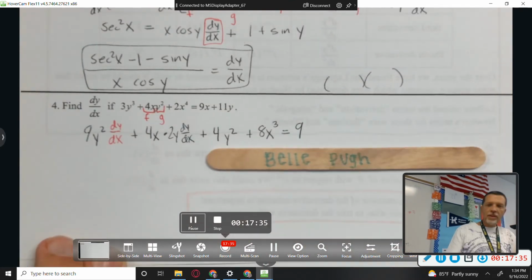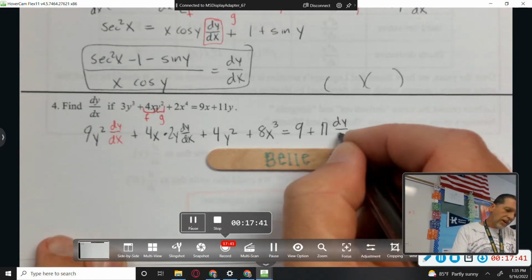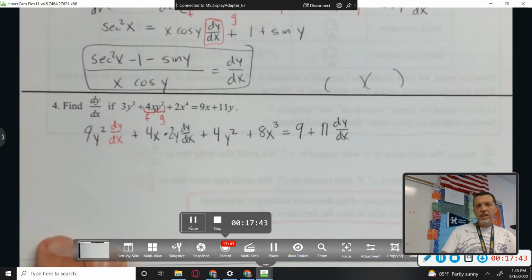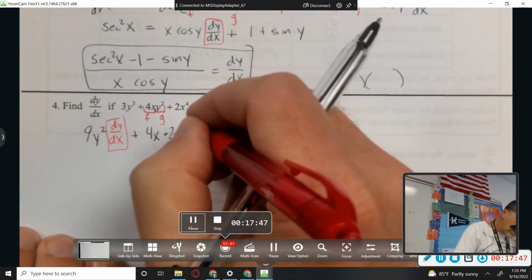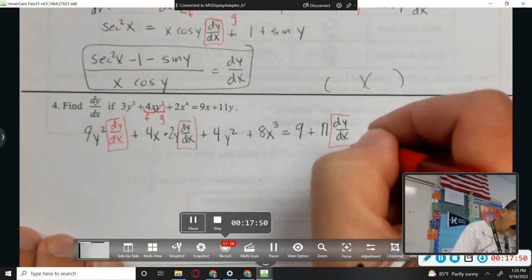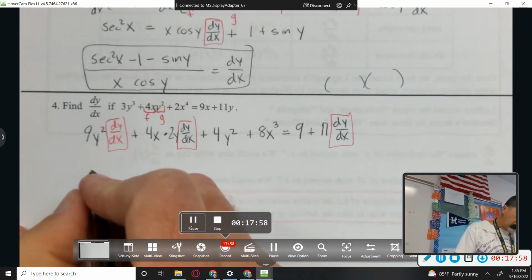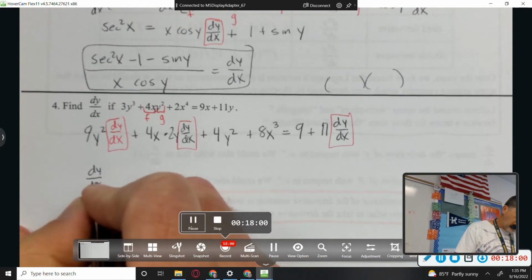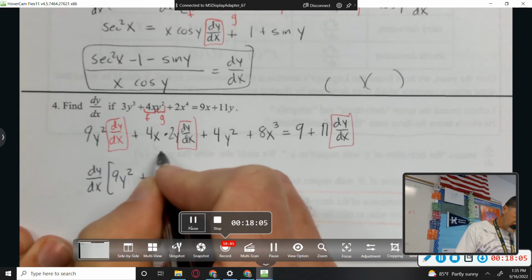How about the derivative of 11y? Good, 11 dy dx. And then this one is just a pain algebra-wise. So I'm going to find all my dy dx stuff and get it all on one side and get all the non-dy dx stuff on the other side. Try to do all that at once.